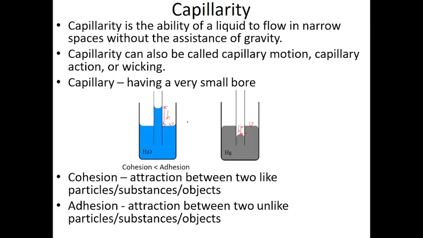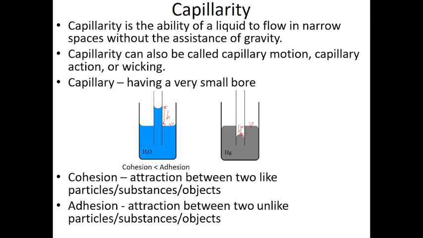So this is the liquid surface, and for mercury, what happened? Instead of going up, it goes down. So there is capillary fall or capillary depression.